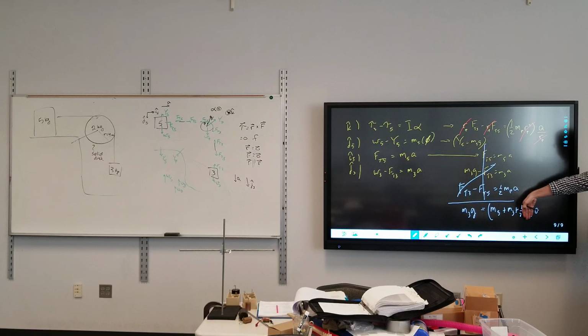And it's the classic: that's the total force acting on it, that's the mass that's being moved, and the acceleration. But because we do have the pulley turning, and we're taking that into account, this is the extra factor that gets thrown in.